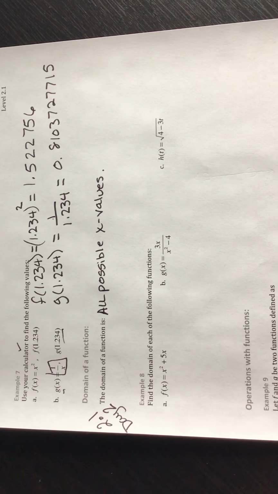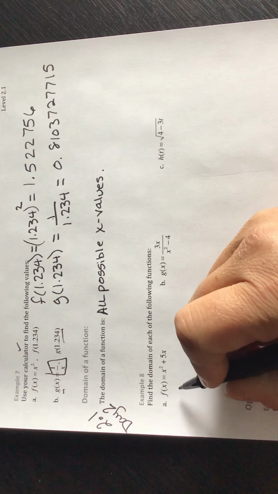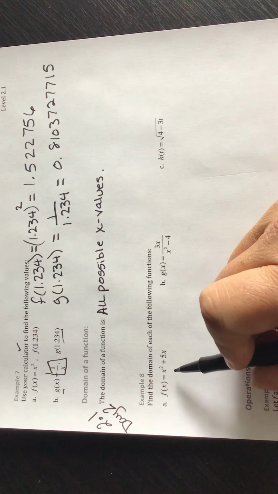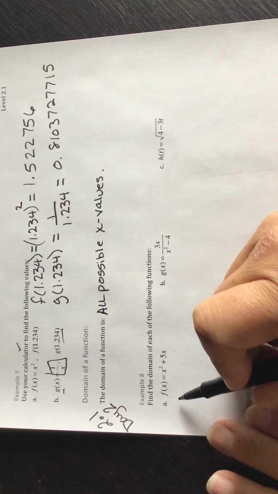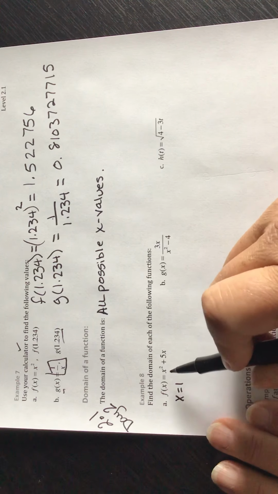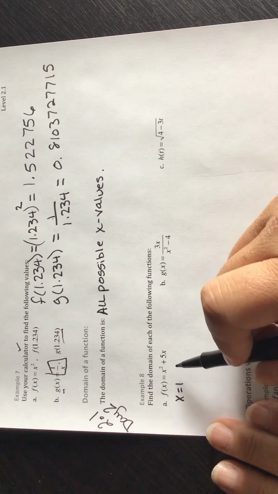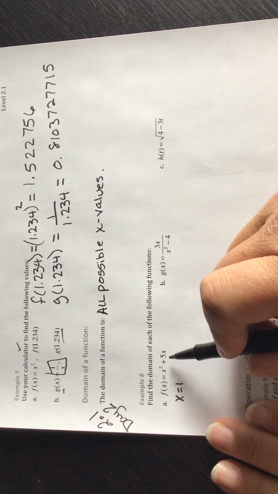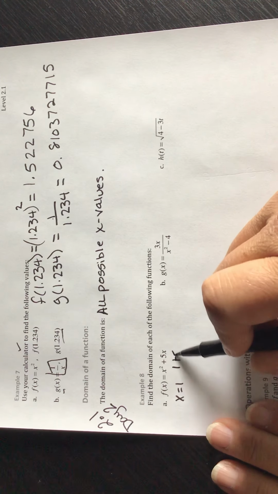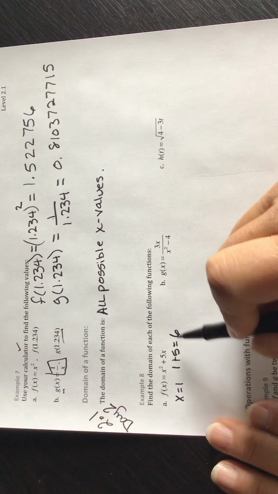All right, so I just want to think about some values I put in for x. If I put in x equals 1, I can compute 1 squared plus 5 times 1 equals 6.